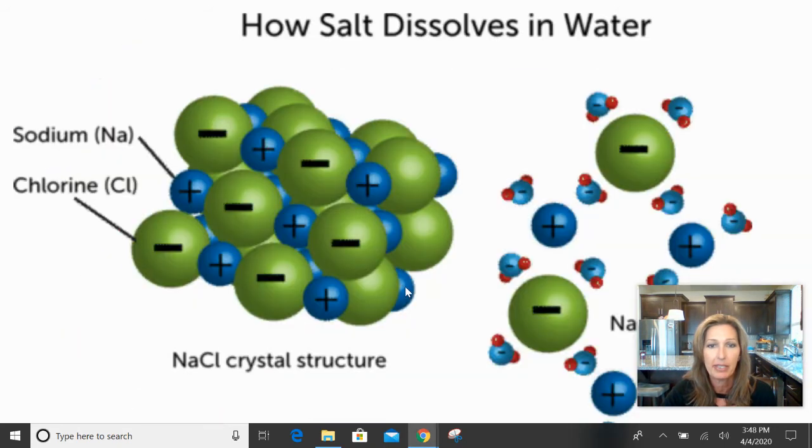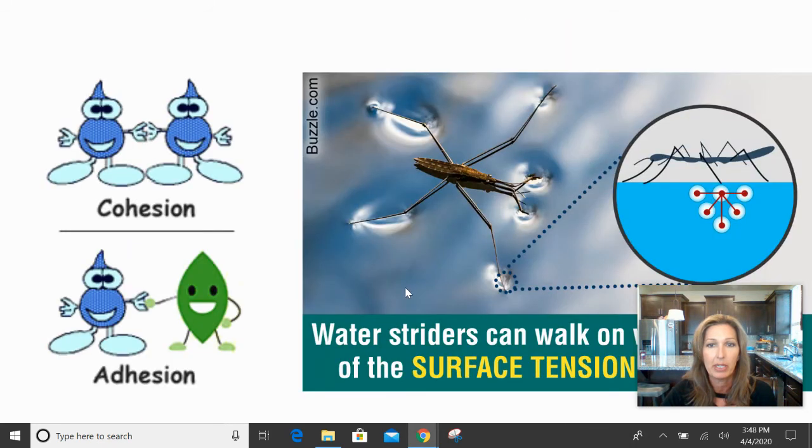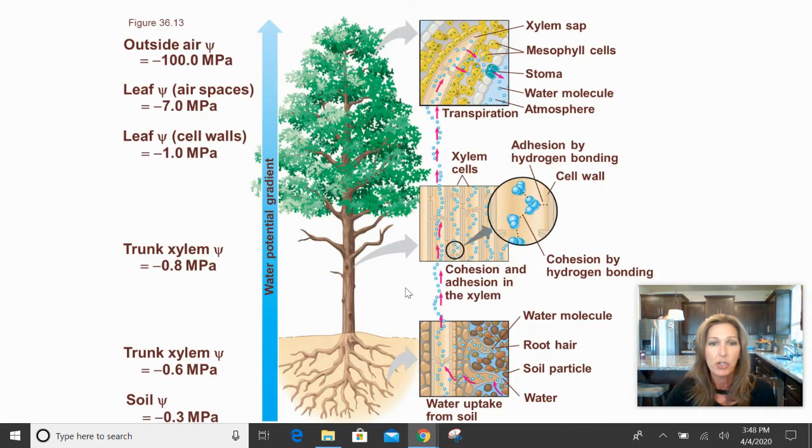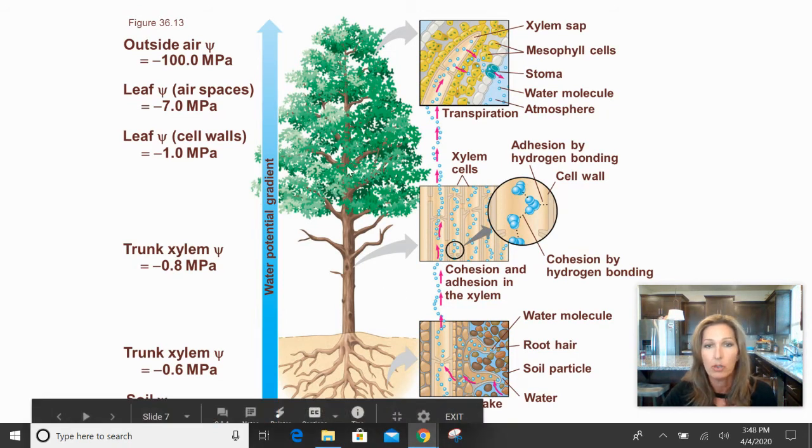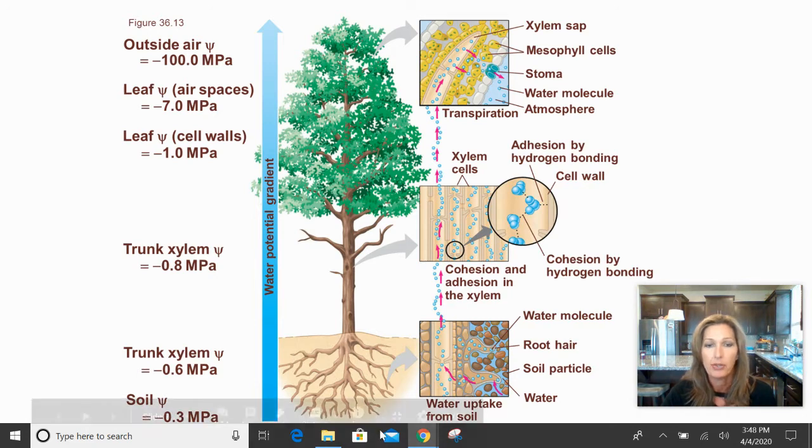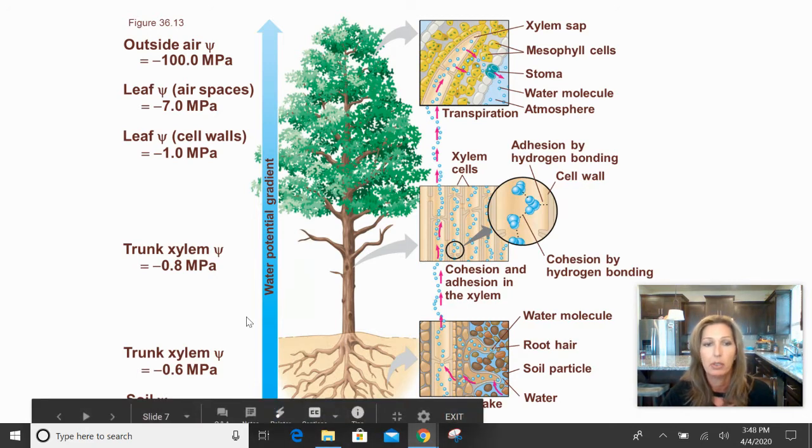Now, some of the other properties that I did mention when we talk about water, adhesion, cohesion, transpiration is a huge, huge process as far as the water cycle is concerned. This is actually showing you water potential in this change. We'll deal with water potential more in the Unit 2 review.